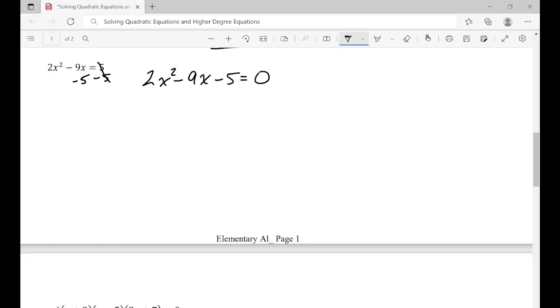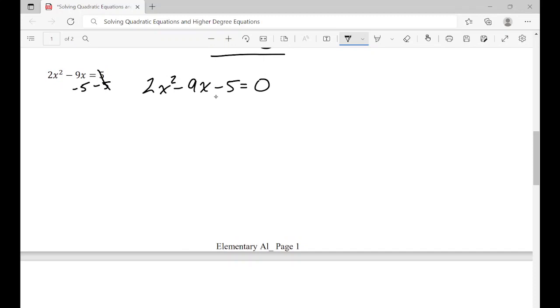And from here, I need to factor it. So 2 times negative 5 is negative 10. So what times what gives me negative 10 but adds to give me negative 9? Negative 10 and positive 1. So factor down the quadratic: x minus 10, x plus 1.